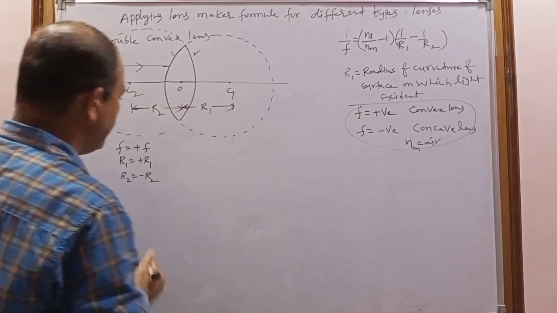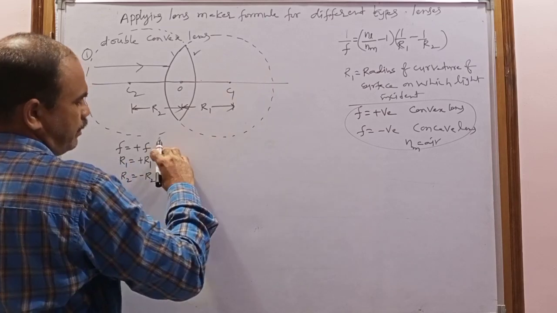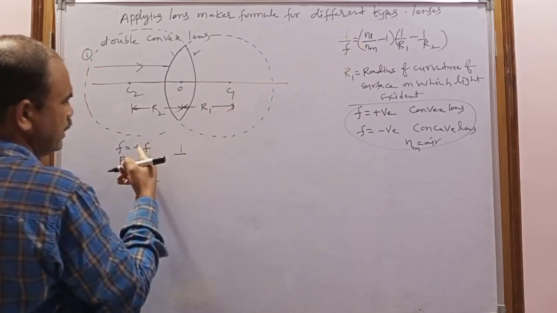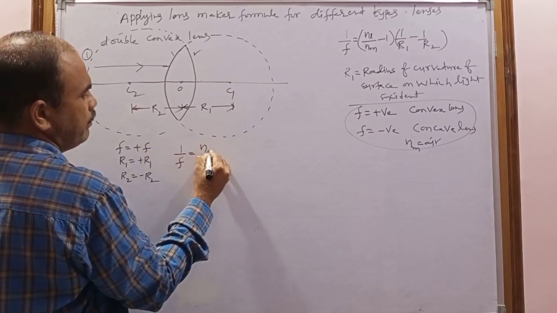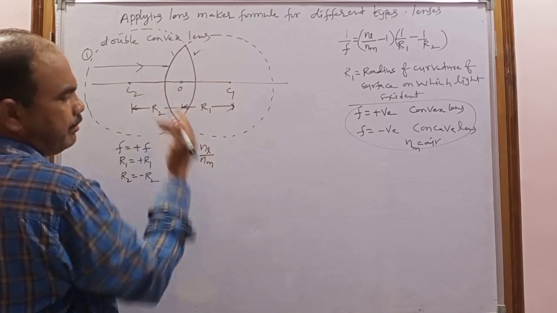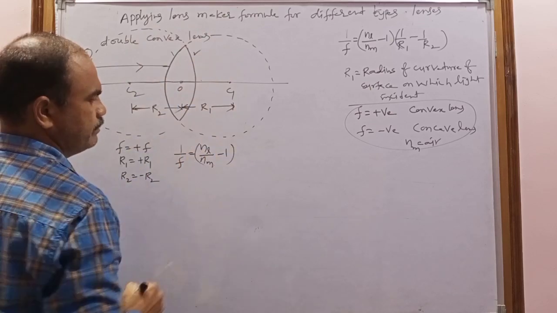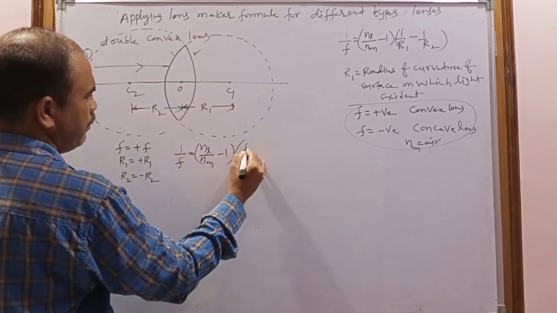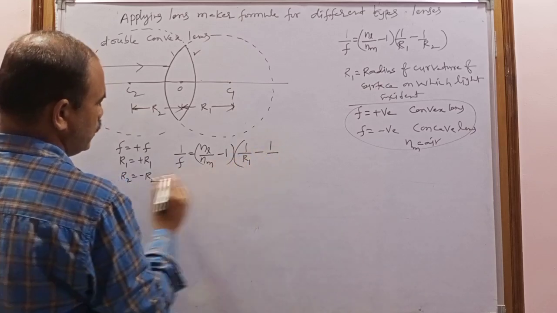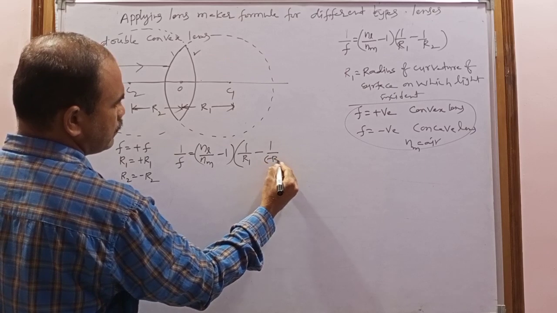So what is the lens maker formula for a double convex lens? When we substitute these values in that equation, 1 by f, which is plus f, equals the refractive index of the lens by the refractive index of the surrounding medium minus 1, into 1 by R1, meaning plus R1, minus 1 by R2, where R2 is minus R2.